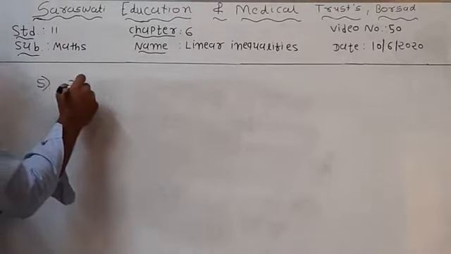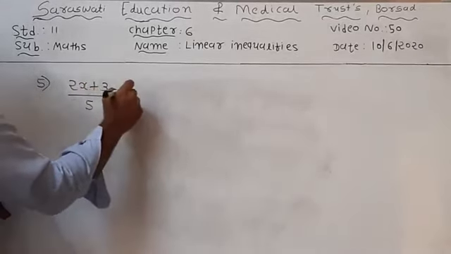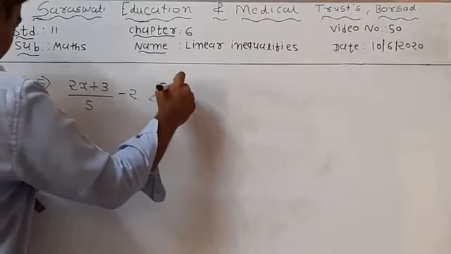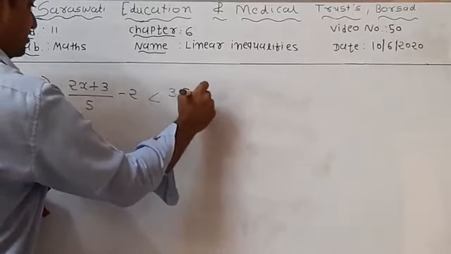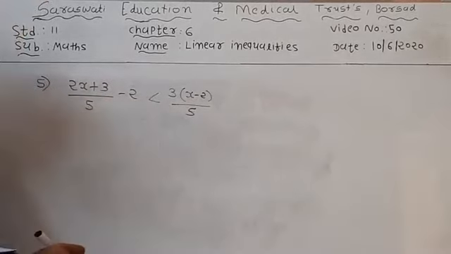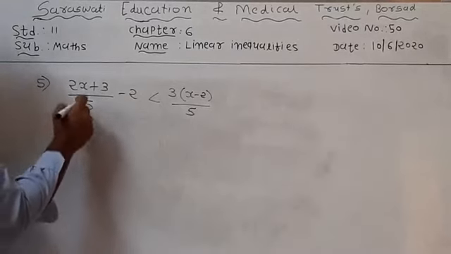(2x + 3)/5 - 2 less than 3(x - 2)/5. So again here we can take the LCM.